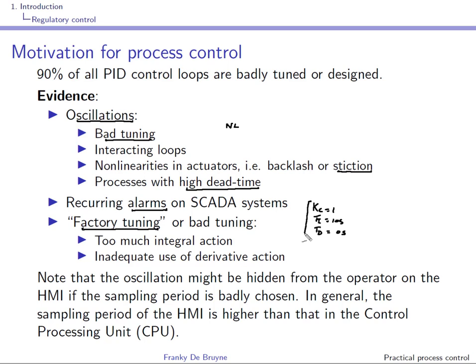We'll see later why this is chosen as factory tuning. But if you see in your faceplate that your controller has this tuning, the original factory tuning, well, there is a big chance that nobody has ever looked at the tuning of that controller, and that it is a good candidate to start the tuning exercise.